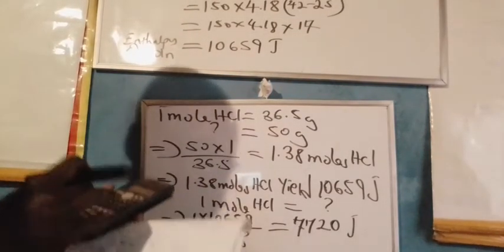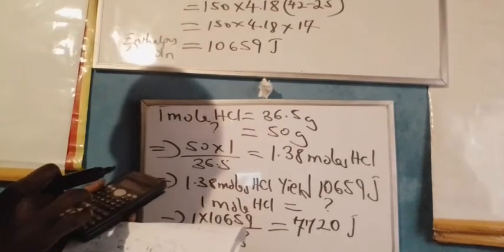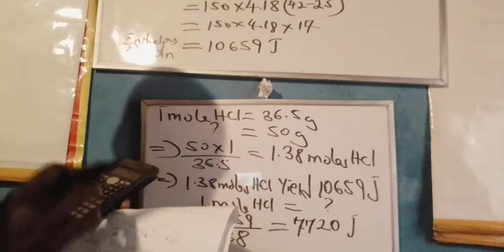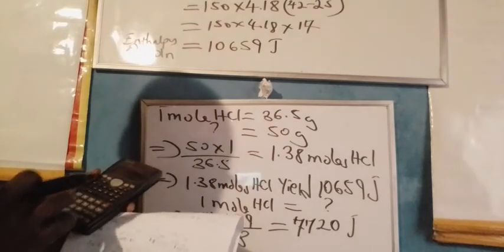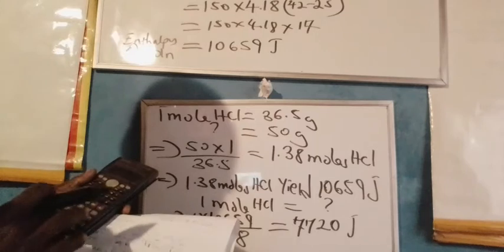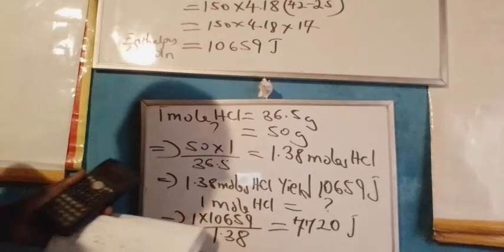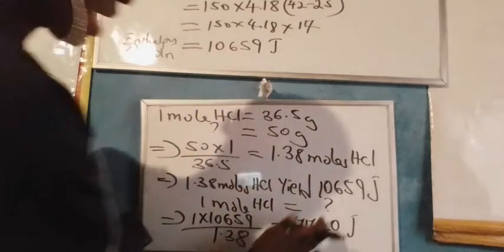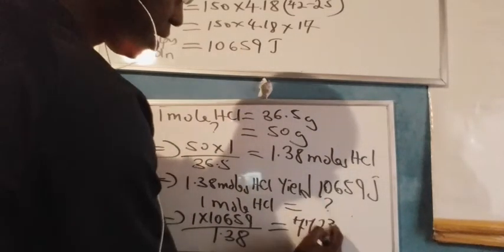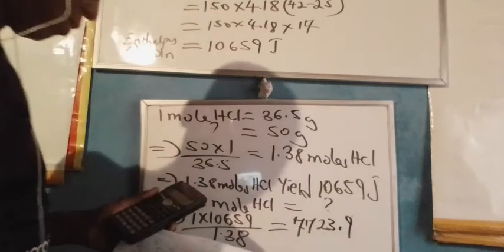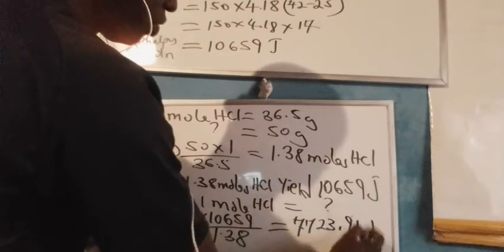So I have 10659 divided by 1.38. What do we get? 7723.9 joules.